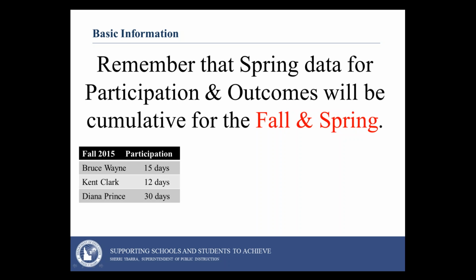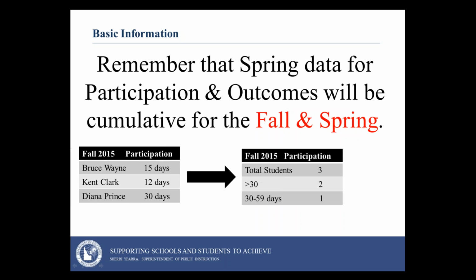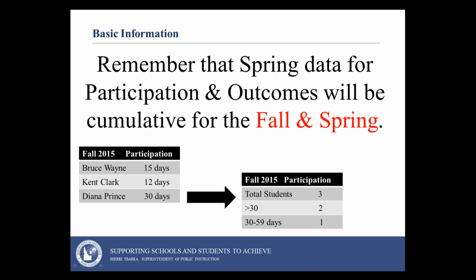So to give an example of this, if in fall of 2015 you had 3 students, Bruce Wayne, Kent Clark, and Diana Prince, and you can see here how many days they attended in that fall block, which would be September 1st through January 31st. Therefore, you would report a total students of 3 with 2 students attending less than 30 days and 1 student attending between 30 and 59 days. So that's how it would reflect in your fall reporting.